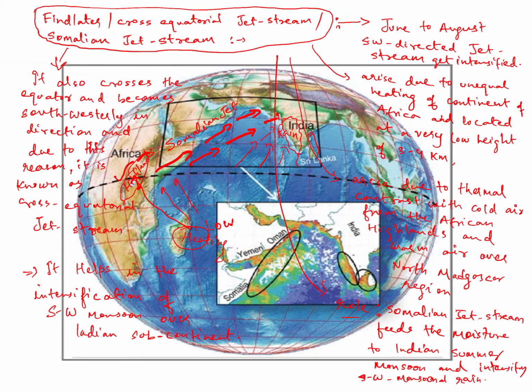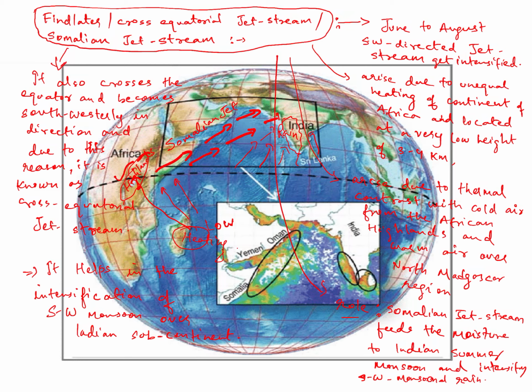While the African landmass is relatively cooler, as a result one jet stream in the upper atmosphere, not the ground, starts moving from where to where? From the Madagascar region towards the highland. Once it crosses the equator, it turns towards the right and splits into two branches.